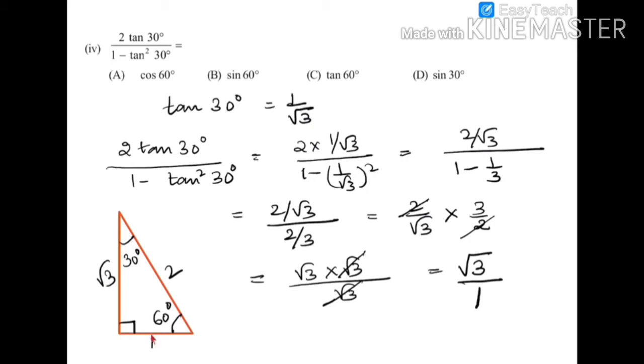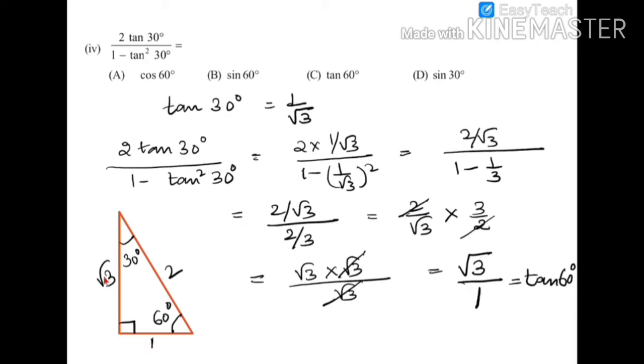Root 3 upon 1 will be opposite upon adjacent if I take 60 degree angle. So this will be equal to tan 60 degrees. And root 3 is the adjacent side to 30 degrees and 1 is the opposite side.